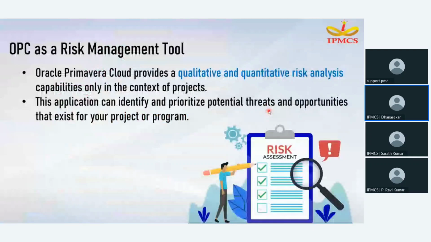Normally in the Primavera P6 PPM version, we can only register the risk and feed the response matrices. For deep risk analysis, we need different software like PRA. But with OPC, we have all of these together. Let me see how risk management happens in Oracle Primavera Cloud.